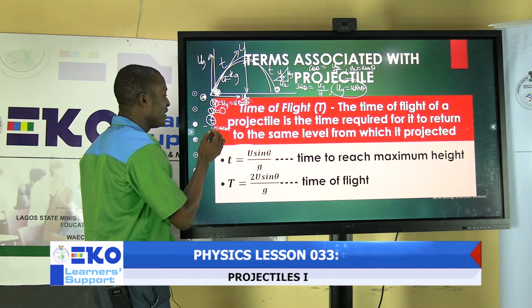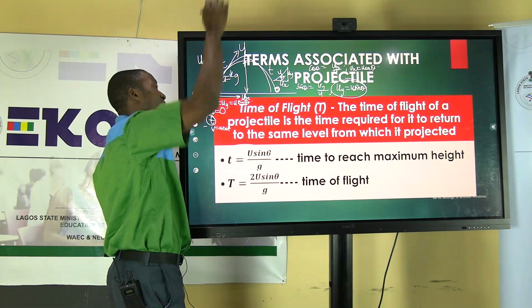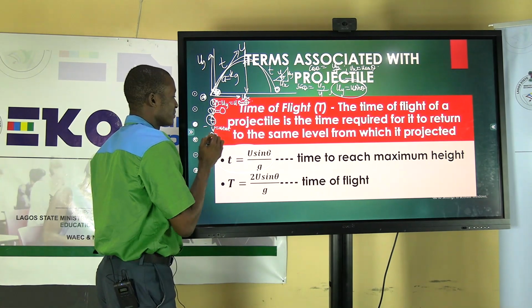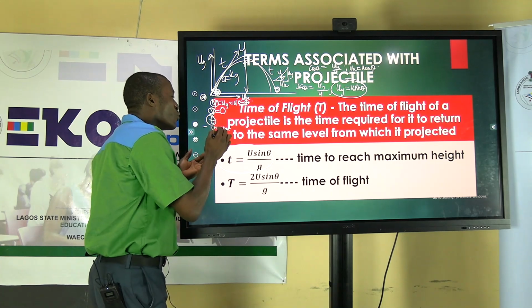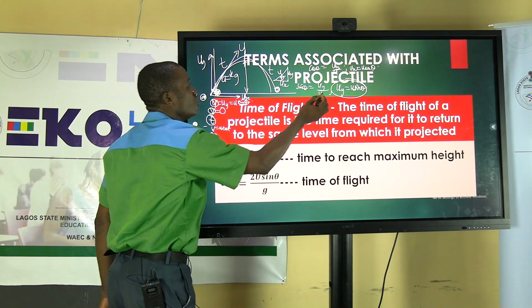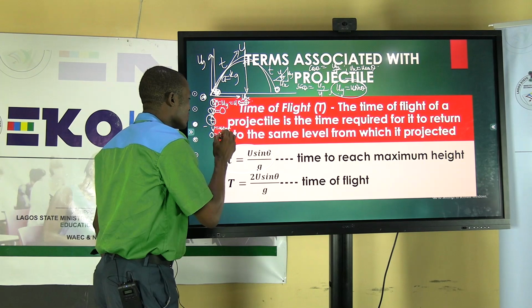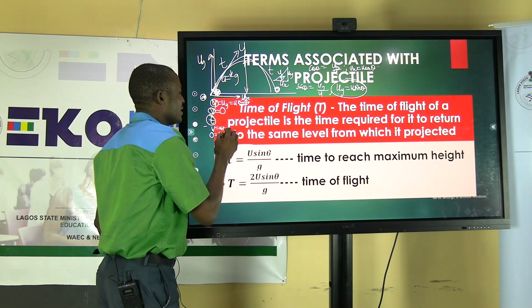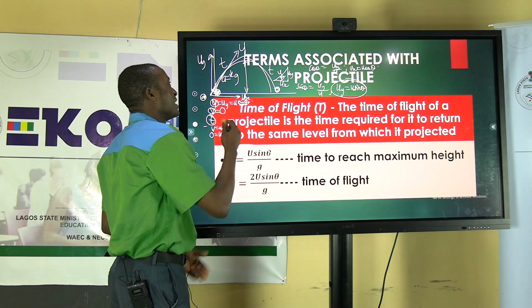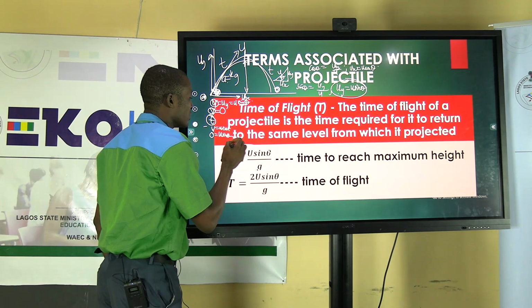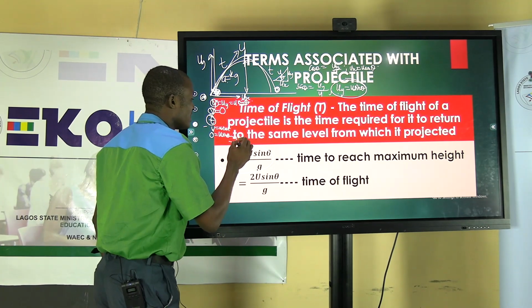From here now, remember that I said that at maximum height, v is 0. Then the u responsible for the upward movement is uy. This is going to be u sine theta. The movement is going up against gravity, so that is going to be minus g, and then t.